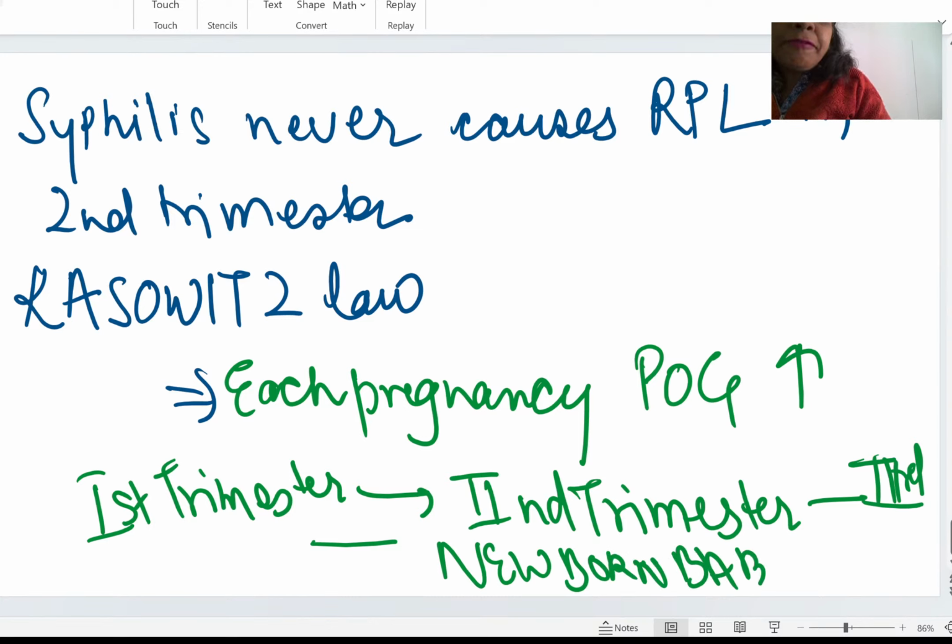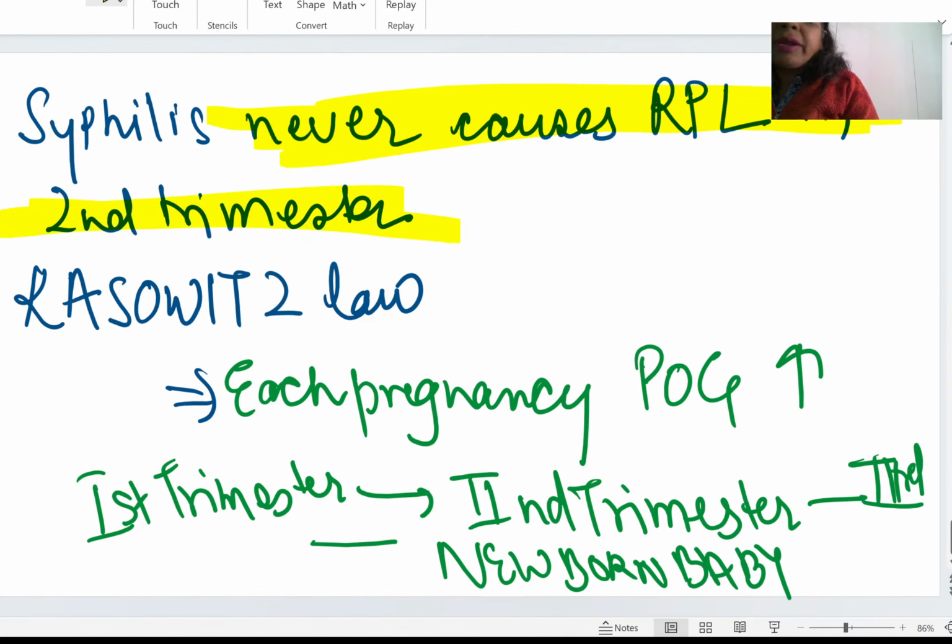So syphilis is never going to cause recurrent abortion. Is it clear, everyone? So we will not get the VDRL test done of the mother and father.